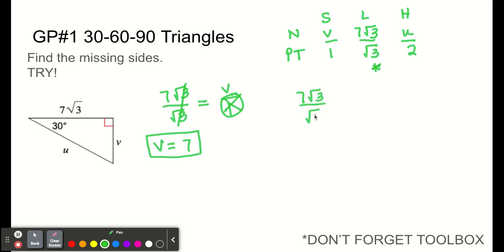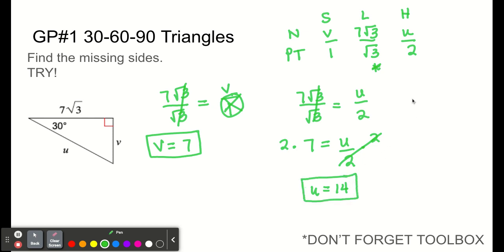And then for the hypotenuse, again, if you see that you can simplify this ratio, feel free to go ahead and simplify that ratio. So that's going to leave us with 7 equals u over 2. Now you can cross multiply here, that works as well. But if we do it this way, there's less steps, less work, and we get u is equal to 14.